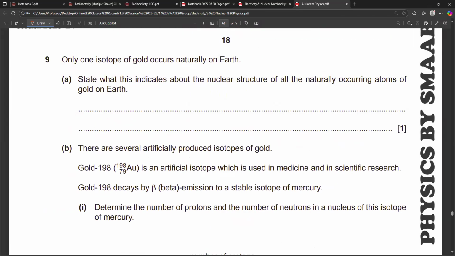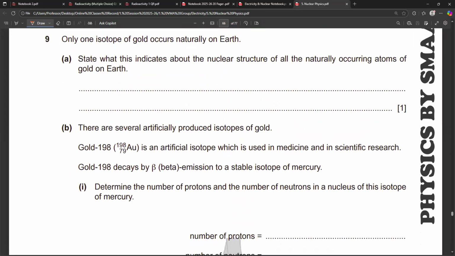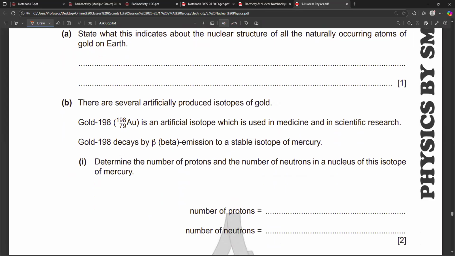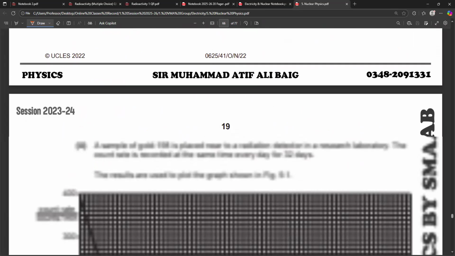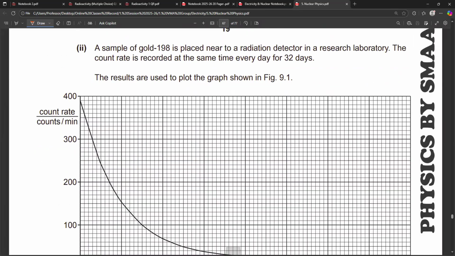Okay, so the starting part of this question is the same about the isotope, number of protons, and number of neutrons, right? So that is very easy. So let's solve the graphical representation of this question, because this is the first question in which we are getting a graphical representation. A sample of gold 198 is placed near a radiation detector in a research laboratory.